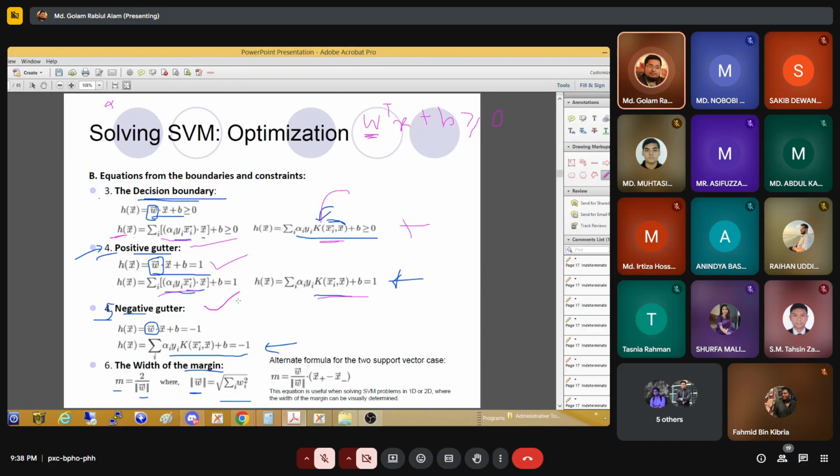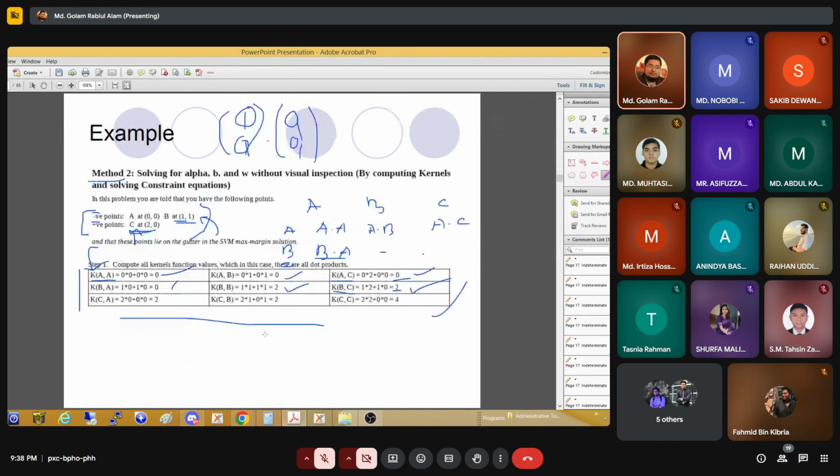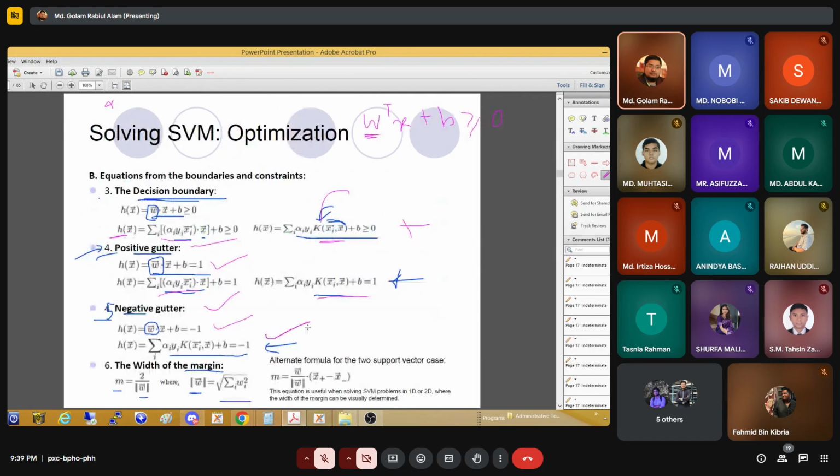The negative hyperplane is -1. So that is for our negative support vectors. That equation is this one, and again we can change the W here. So the equation will be like this. Also we can determine the width of the margin.